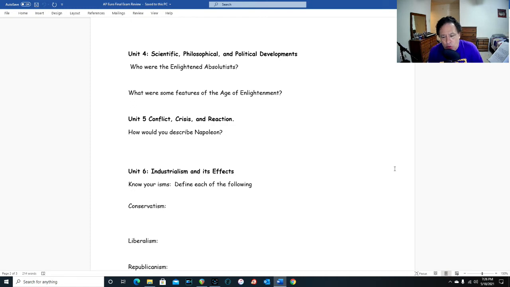There were absolute rulers who wanted to bring Enlightenment principles to the way that they ran and governed their kingdoms. And these included such ideas as, let's say, increased education, civil liberties, emancipation of serfs, scaling back of religious holidays, more professional government, seeing themselves as perhaps the first servant of the state rather than the first master of the state.